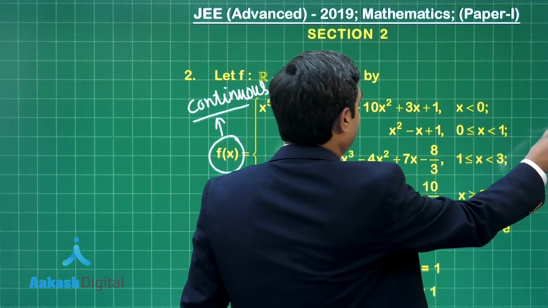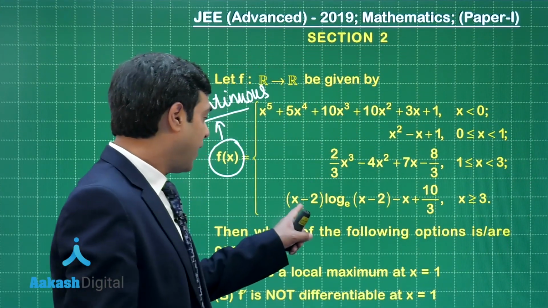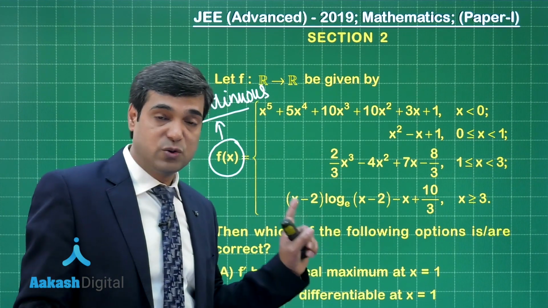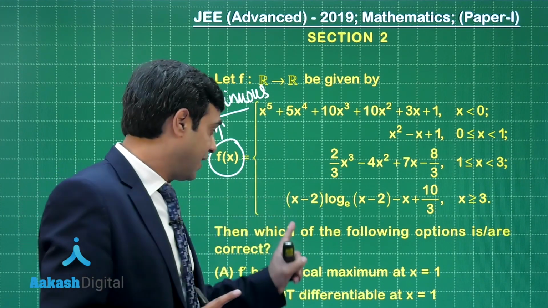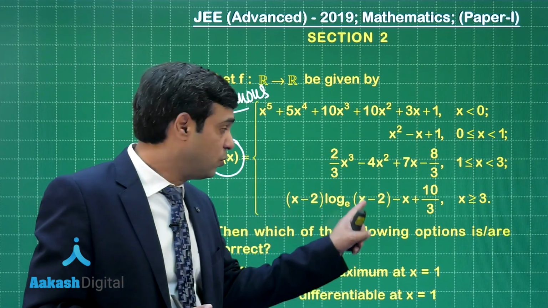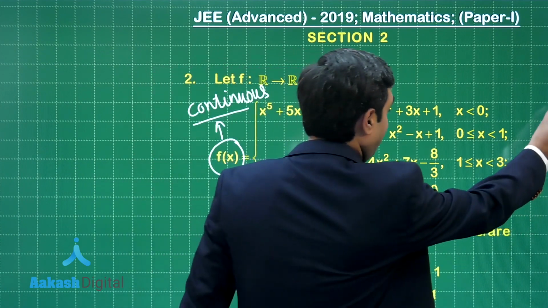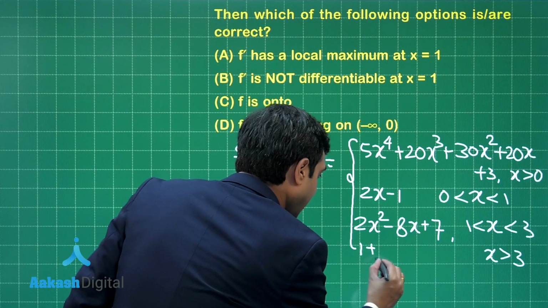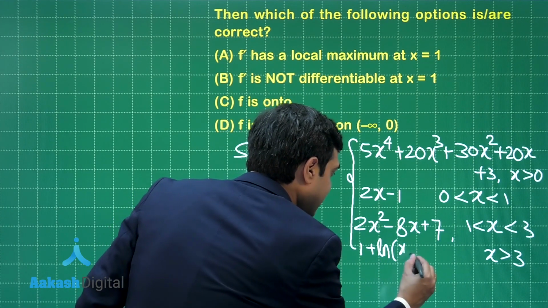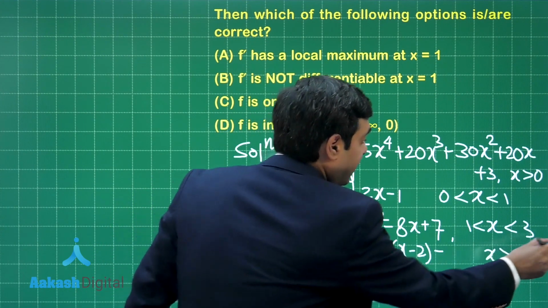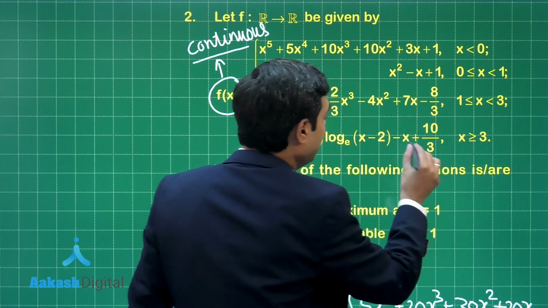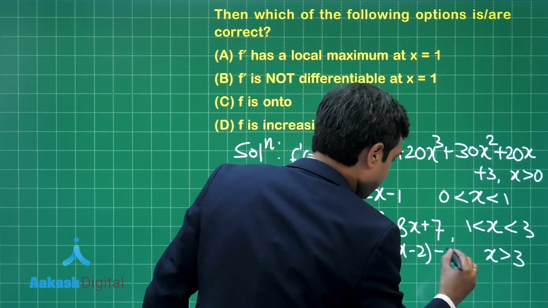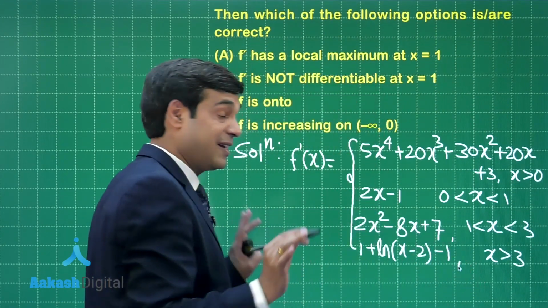Let's see what is the derivative there. (x minus 2) into 1 upon (x minus 2), meaning simply 1, plus log of (x minus 2) minus 1. So let's write down 1 plus log(x minus 2), and the last term the derivative is giving me minus 1. So this is for the next interval.